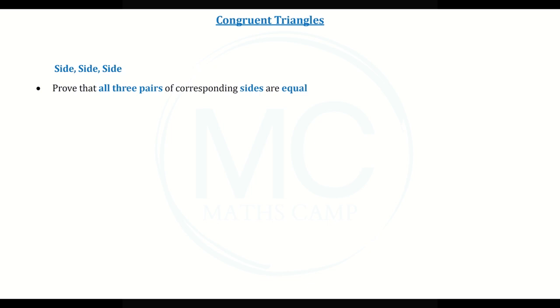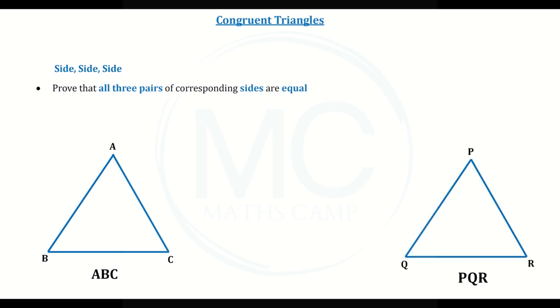Let's put in our 2 triangles, ABC and PQR. A and B are the first two letters in ABC. P and Q are the first two letters in PQR. So AB must be equal to the corresponding side PQ.